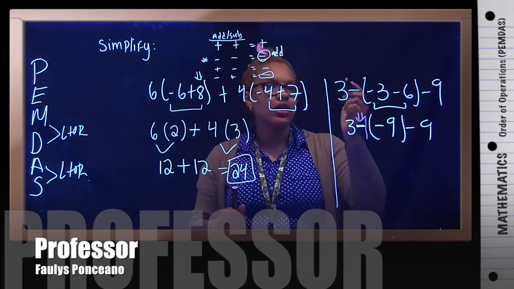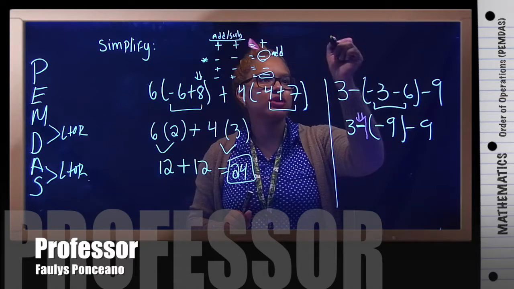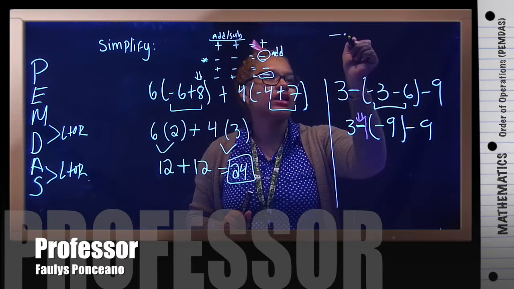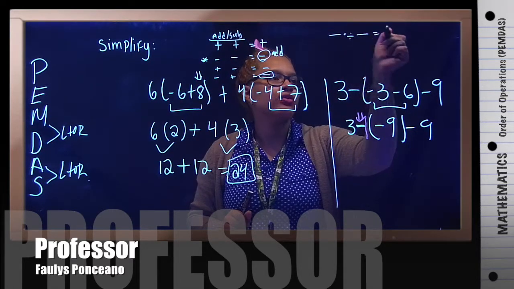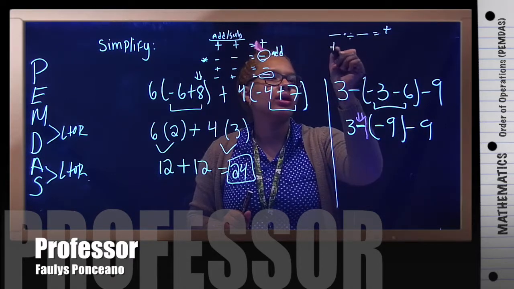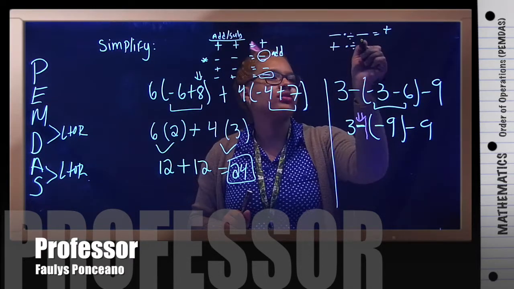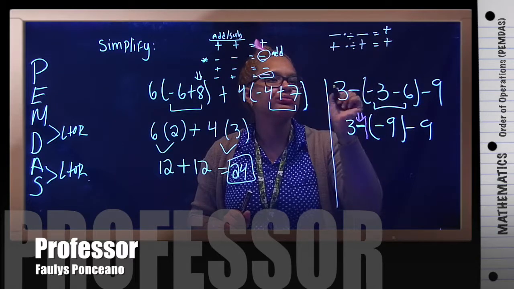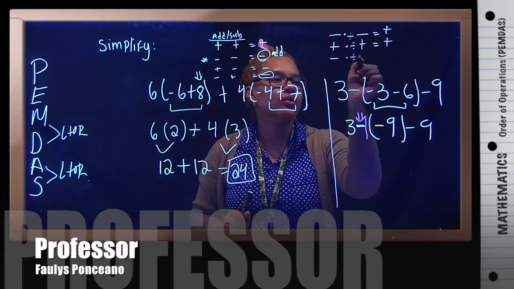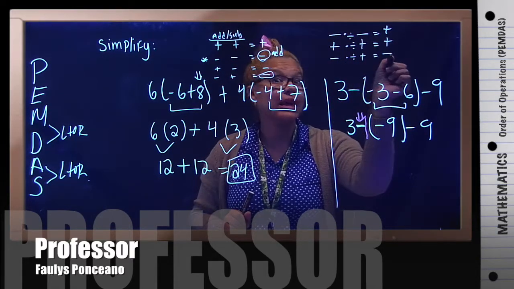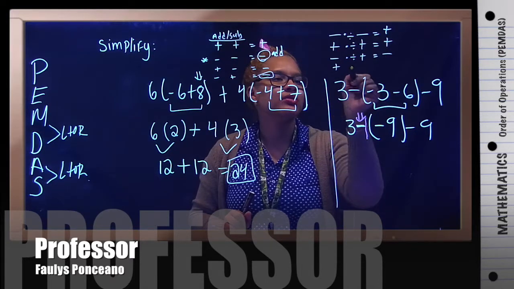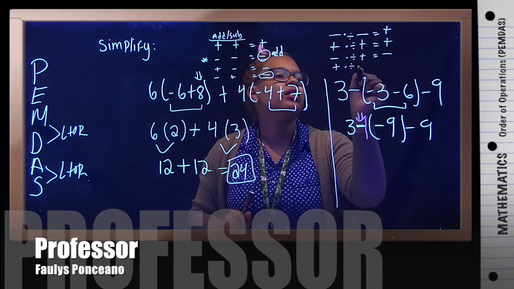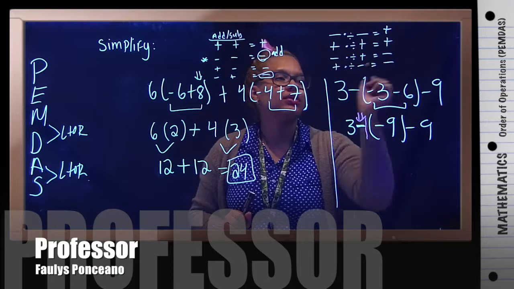I can write down the multiplying and dividing rules. Negative times negative gives you a positive answer. Positive times positive gives you a positive answer. Negative times a positive gives you a negative answer. Positive times a negative gives you a negative answer.